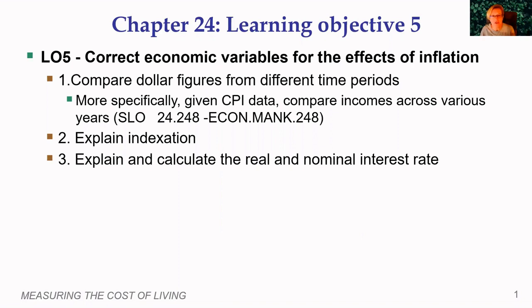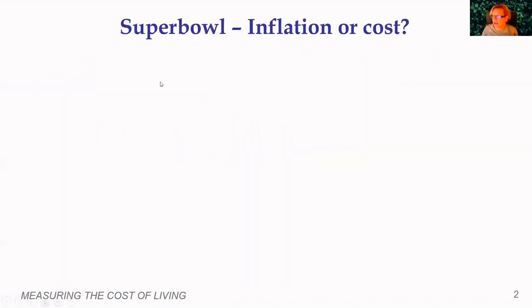Nominal interest rates are the interest rates that you're quoted, but there's the real portion. Especially if you're investing money, we want to know exactly how much you're earning aside from inflation. If you're paying interest, then if you have a variable rate, that may go up or down based upon what the inflation rate is. So let's go ahead and jump into these objectives.